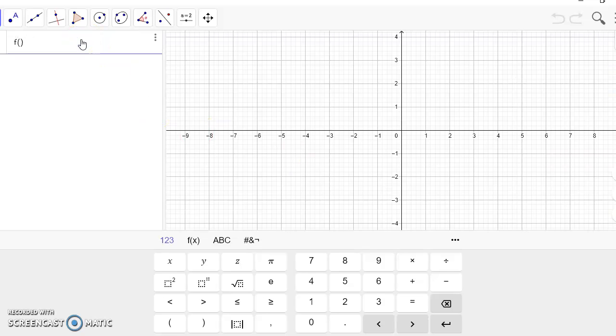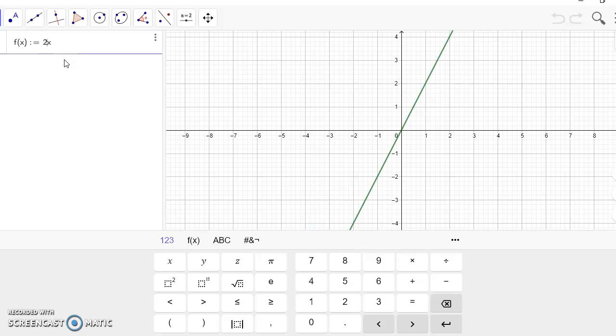we could just write the equal sign. Okay, so this is the equation y equals x. We could put in a number here, and this would be the k.